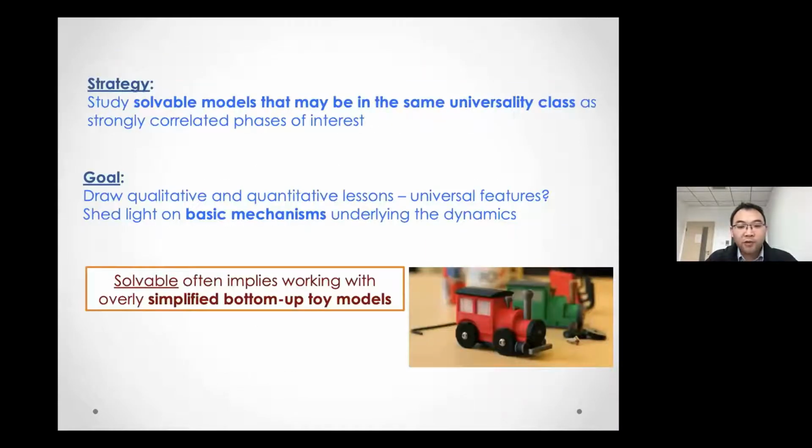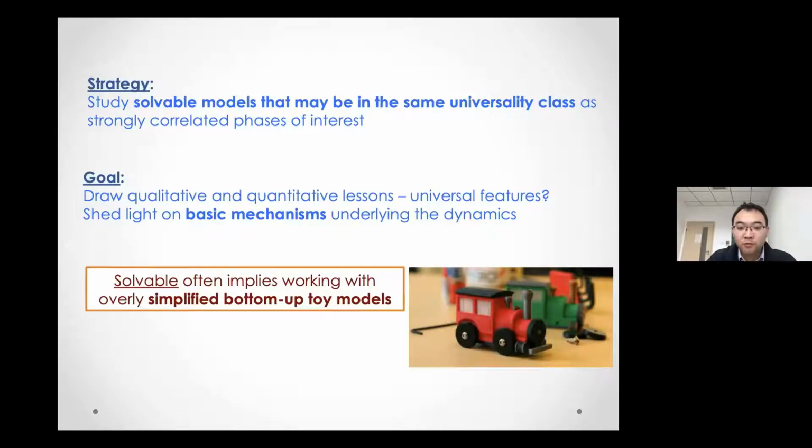Here our strategy is to study solvable models that might be in the same universality class as the strongly coupled systems we are interested in. Our goal is to have some useful lessons or universal features that shed light on the basic mechanism underlying the dynamics. So we suggest considering solvable models, which often implies working with some bottom-up toy models.